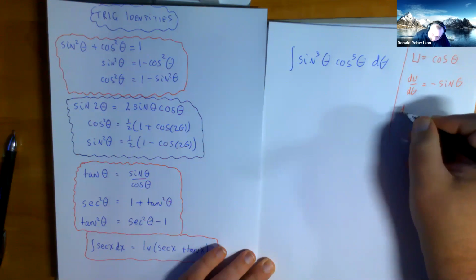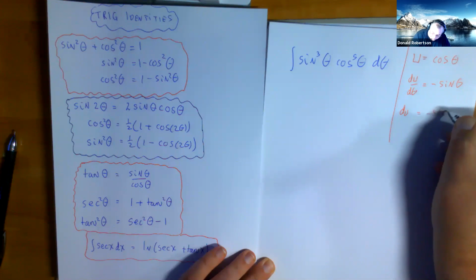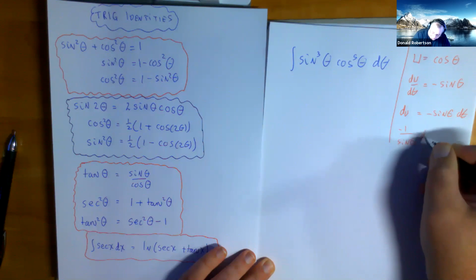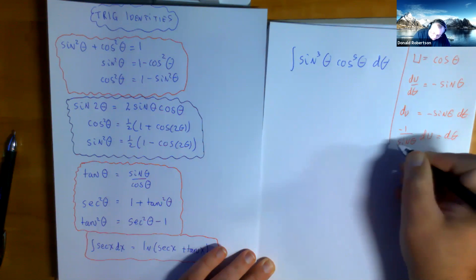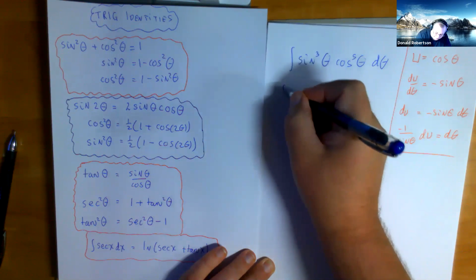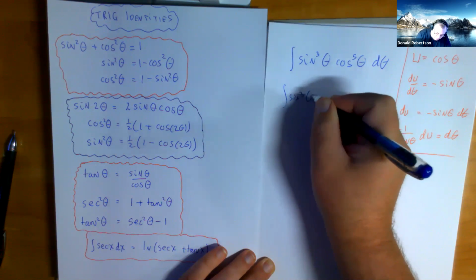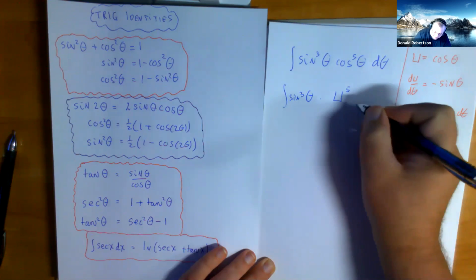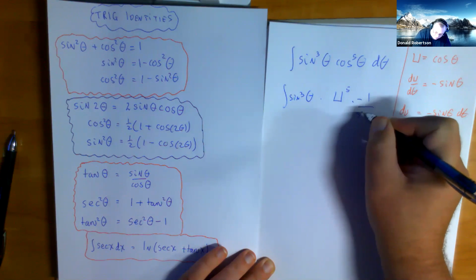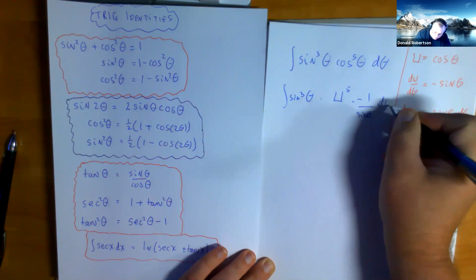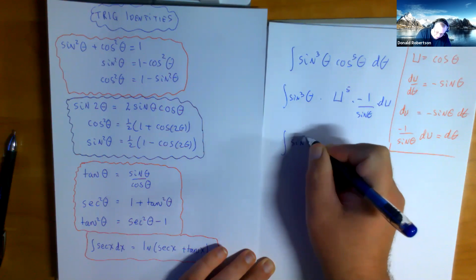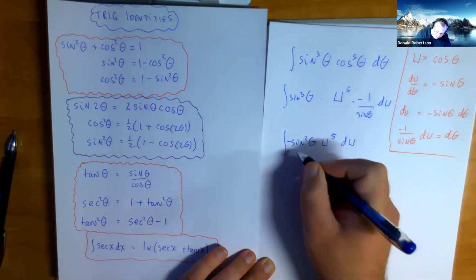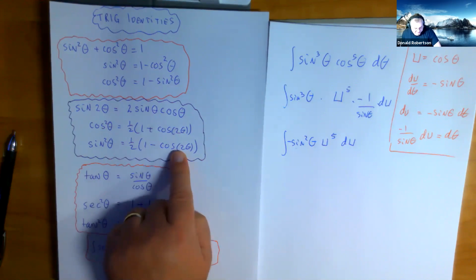Let's take it through the process. I'll show you what I was talking about. Okay, so we're here. Just like you said, you're going to use up one of these in a minute. That fella becomes a very nice u to the 5. And this fella becomes -1 over sine theta du. And just like you said, right up to there, we are both in agreement. I'll stick a little negative here. But I'm not going to turn that guy into this fella.